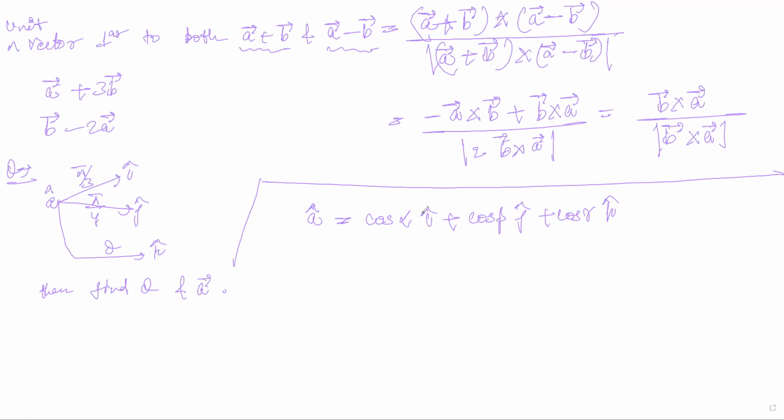Hence, any unit vector can be written in the form of its direction cosines. Obviously, alpha, beta, and gamma are the angles made by this vector A with the x-axis, y-axis, and z-axis.